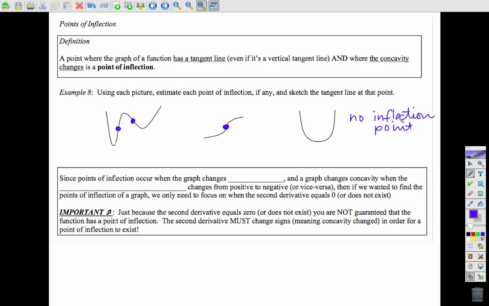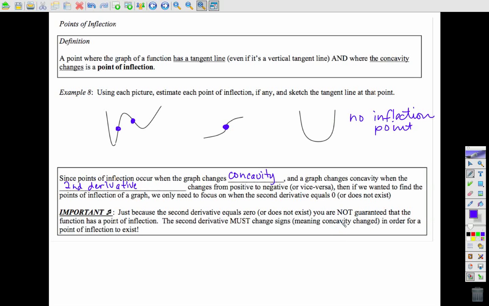Okay? Let's answer a few questions. Points of inflection, these points right here, occur when the graph changes concavity, and the graph changes concavity when the second derivative changes from positive to negative or vice versa.